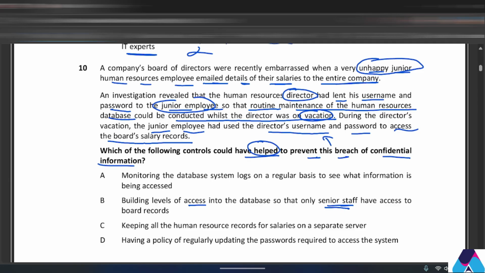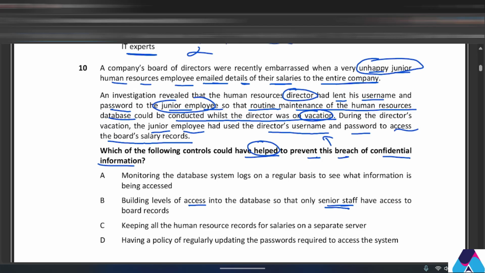the access was already limited to the senior staff, right? It was already limited to the senior staff, and it was the senior staff who himself handed over the password and username to the junior staff. So this is not something that could have prevented it because it was already implemented. This rule was already being implemented, but it was the senior staff who himself handed over the username and password.